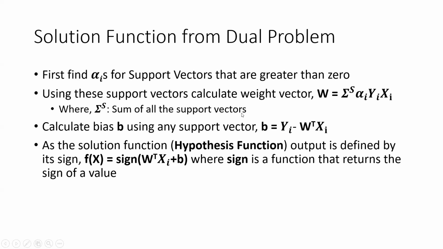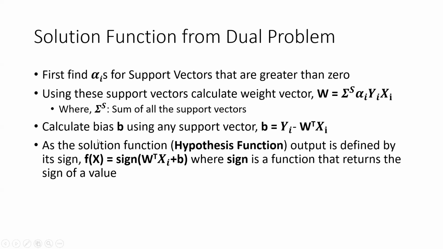So we can take a single support vector and take its yi value minus the W transpose value, which was already calculated, times the xi value of this support vector. With this, we can calculate the B value. In this way, we can calculate the W and B values of the primal problem, and the problem would get solved. So that is how you calculate it.